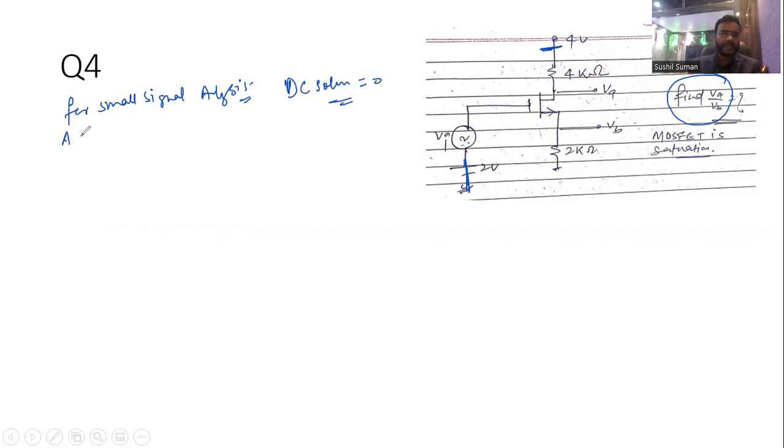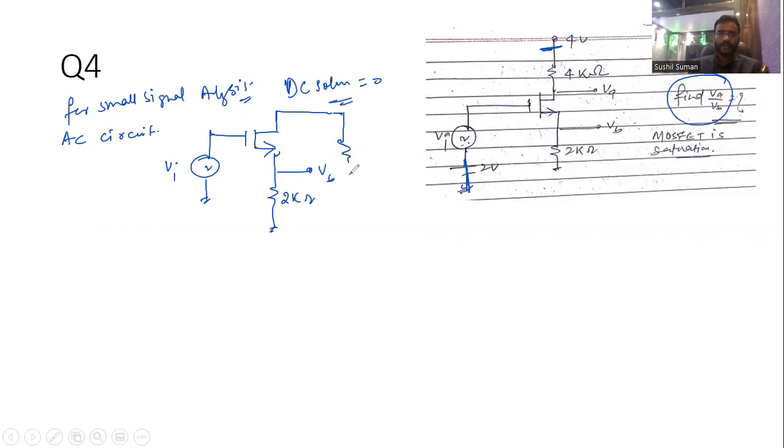Now the AC circuit becomes, so first of all draw the AC circuit. This is VI, this is ground, this is 2 kilo ohm, this is VB, and up to ground this is 4 kilo ohm, and this potential is VA. So we have to find VA by VB, the potential VA upon VB.